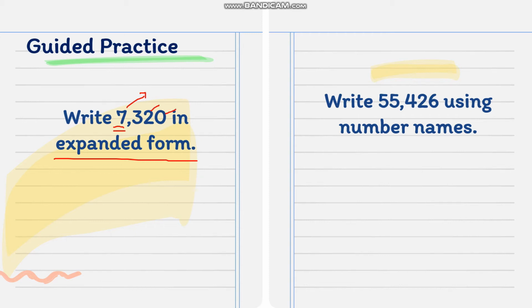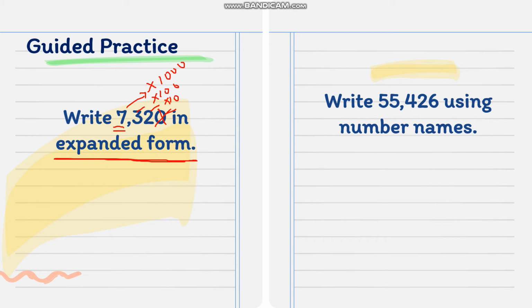Ones, tens, hundred, thousand. So it should be thousand. So we're going to multiply this into 1,000. How about 3? Ones, tens, hundreds. So we're going to multiply this into 100. How about 2? Ones, tens. So multiply by 10. And 0, since this is 0, no need to include if you're going to change it into expanded form.